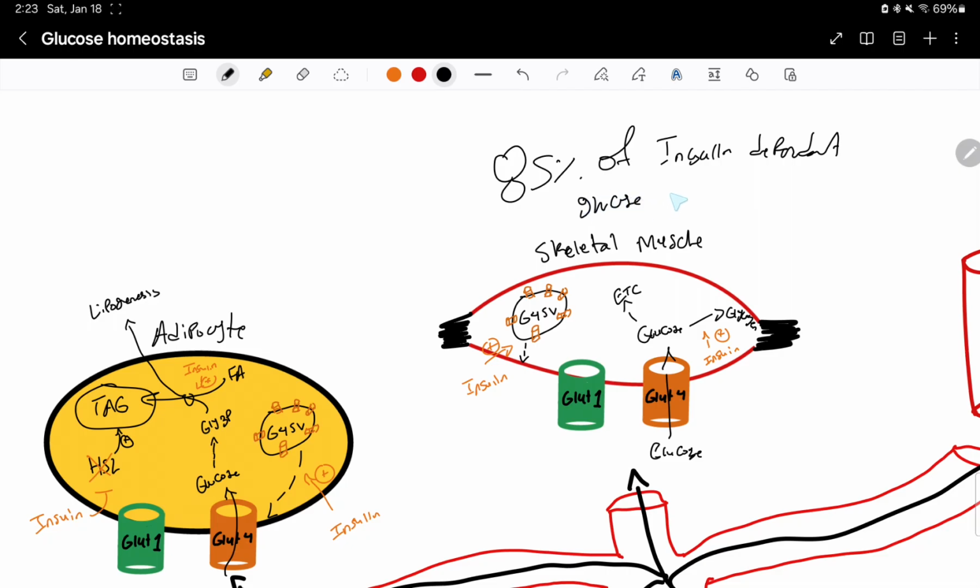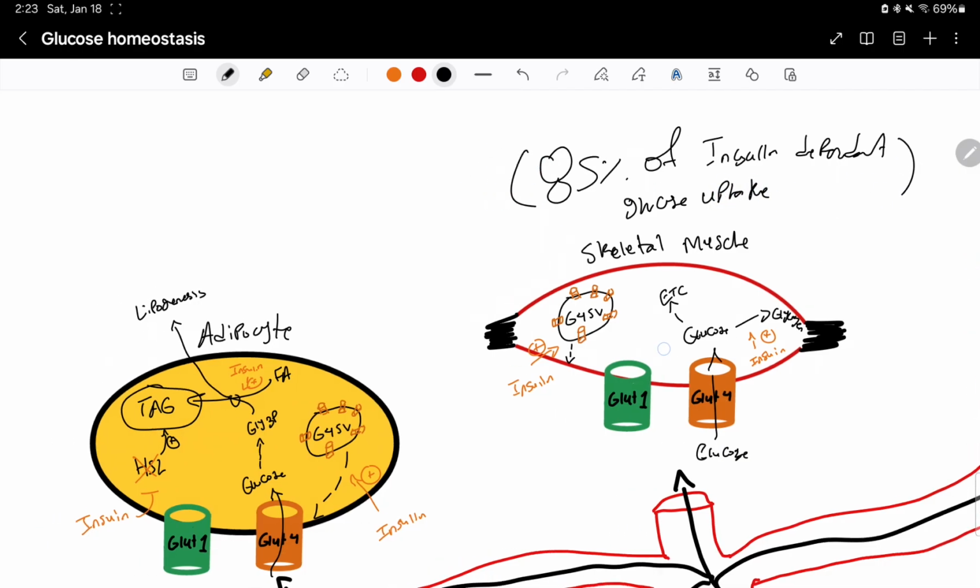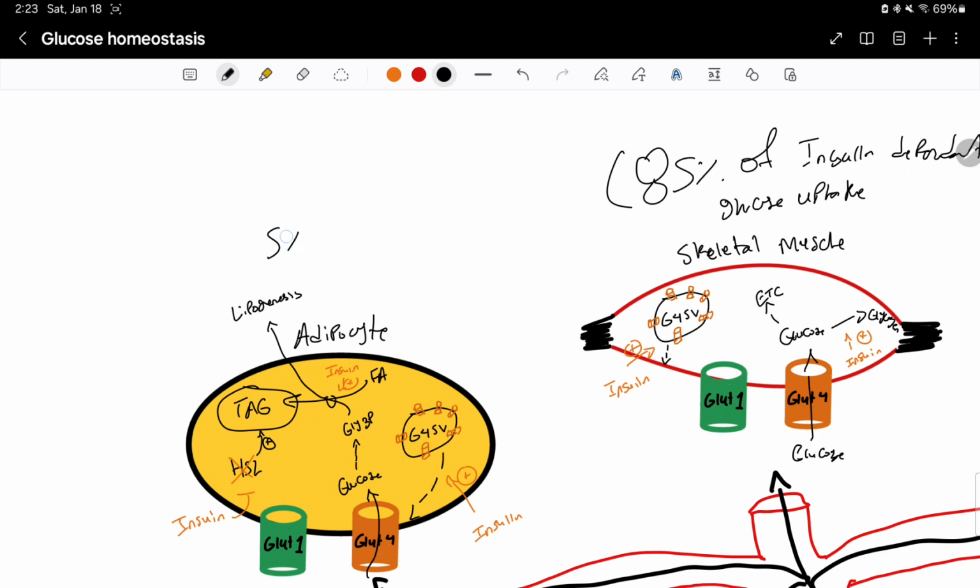Glucose clearance, uptake, utilization, whatever you want to call it. It's the same thing. And the adipocyte contributes to about 5% of the insulin dependent glucose uptake.